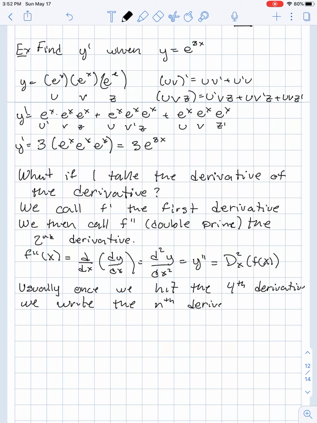So we say the nth derivative, we can write it as y to the n with a parentheses around the n, so not to confuse it with a power, okay? Don't confuse it with a power, or else I'll know that you're not paying attention.